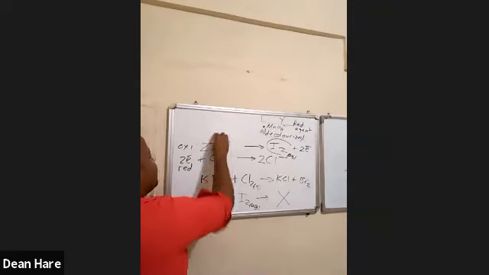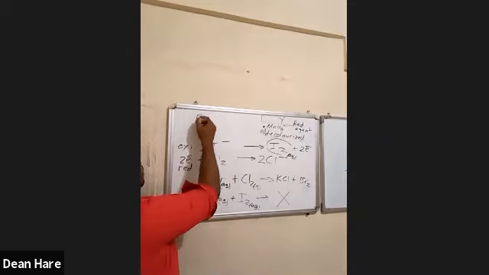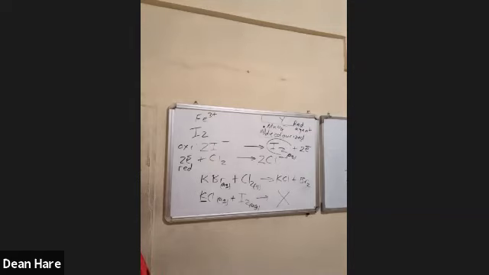A question, sir. This might be unrelated, but if you have Fe3 plus and elemental iodine in the same solution, it will just be red-brown, right? Even though both of them present the same color. If they're in the same solution, you would not know which one.